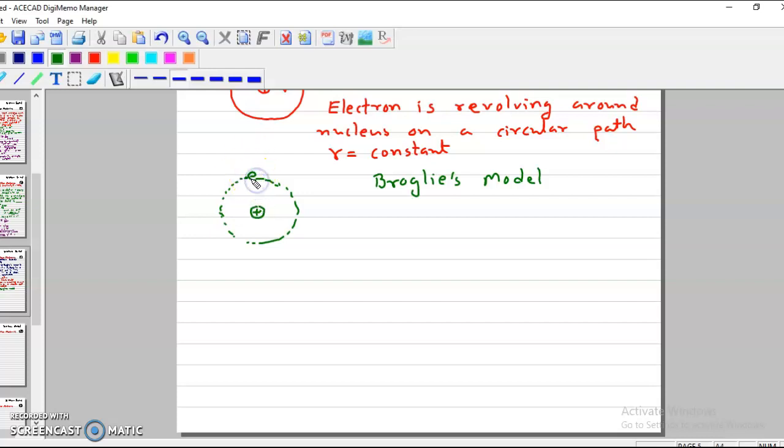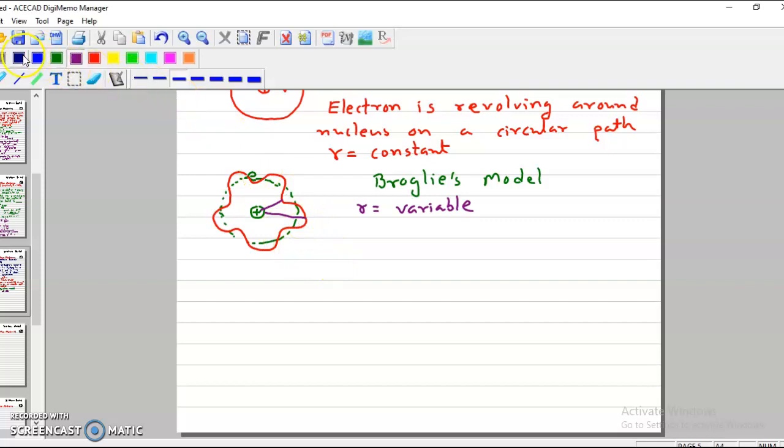So suppose this electron is revolving around the nucleus, then the path of the electron would be wavy, like this. And therefore, the distance between electron and nucleus cannot be constant. It changes every time. That means the radius is variable. So we are moving from Bohr's accurate model to the inaccurate model of de Broglie.